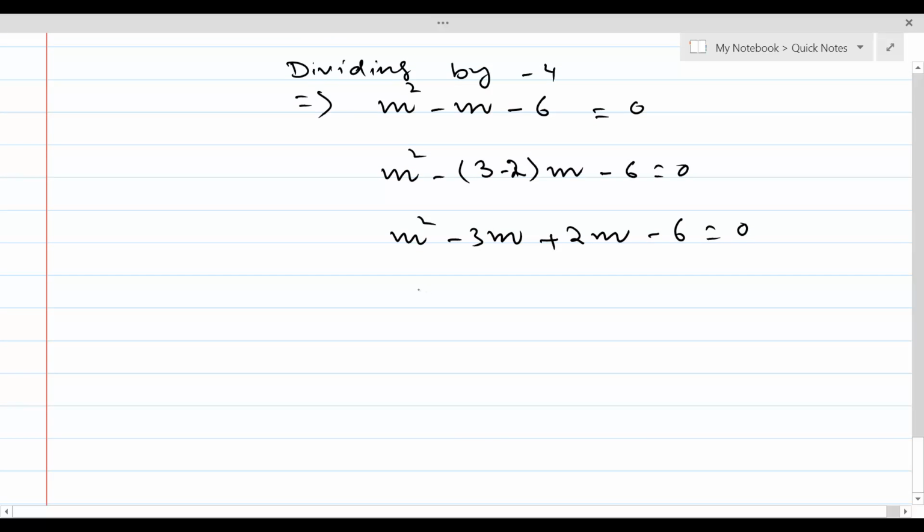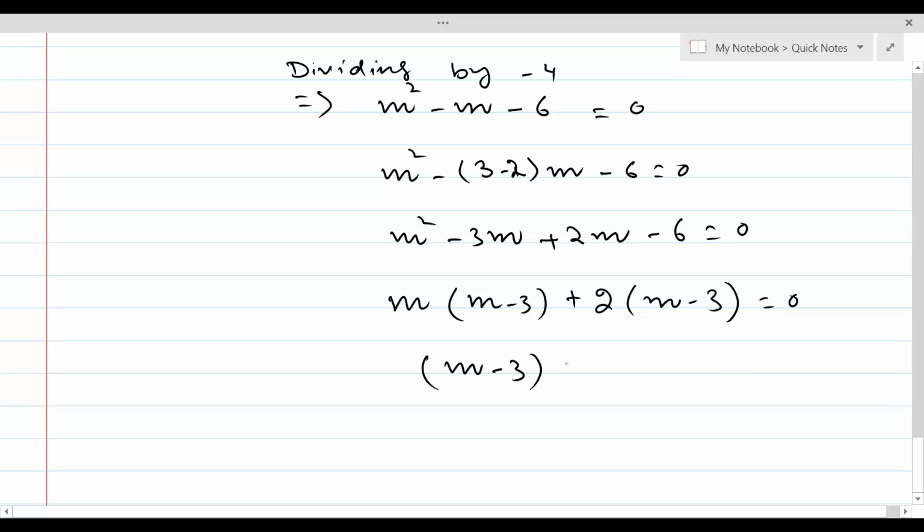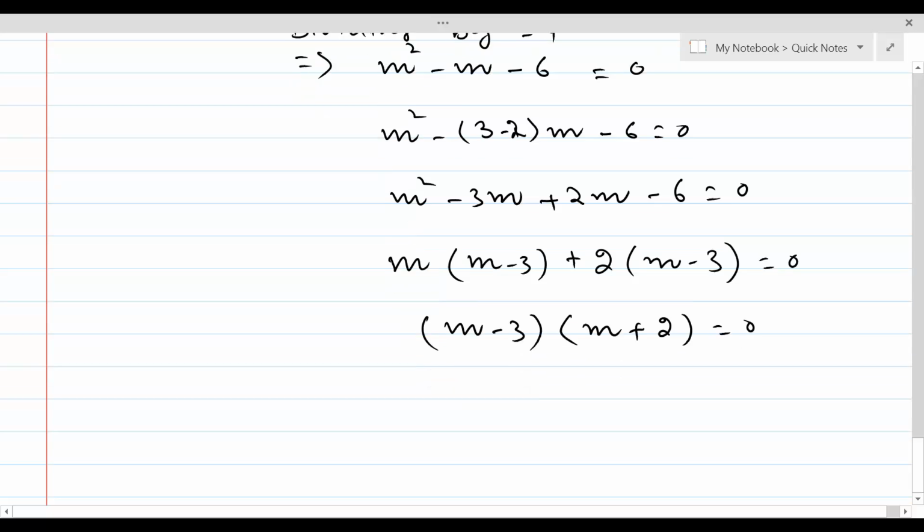If we take m common, m minus 3, plus 2 common, m minus 3, equal to 0. This means m minus 3 times m plus 2 is equal to 0.